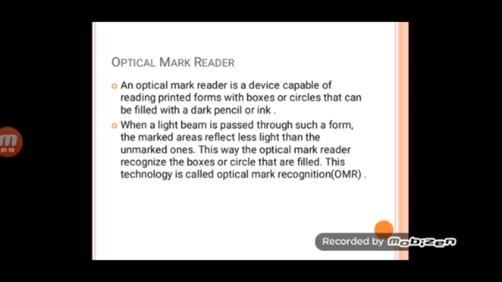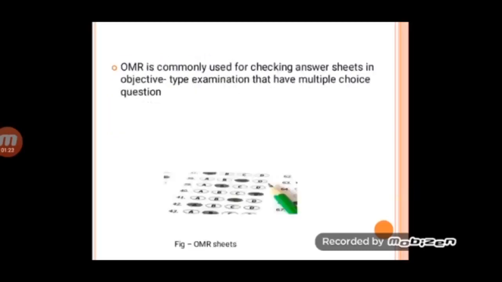This way the optical mark reader recognizes the boxes or circles that are filled. This technology is called optical mark recognition. The OMR is commonly used for checking answer sheets in objective type examinations that have multiple choice questions.